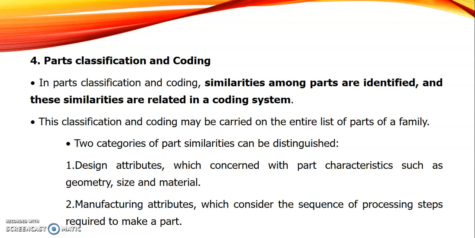Design attributes include examples like geometry, size and material. Manufacturing attributes mean the sequence of processing steps to make the product, like operation sequence, dimensions, surface finish and machine tools.